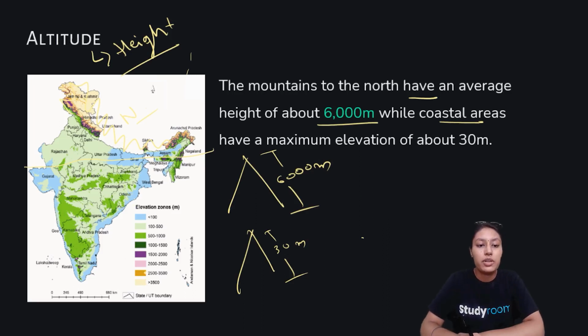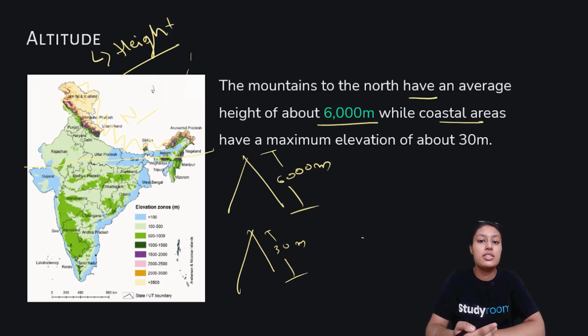Where there is light yellow, the mountain altitude is greater than 3,500 meters, and where there is blue, the elevation is less than 100 meters. So definitely the areas with more than 3,000 meters of altitude experience extra winter.